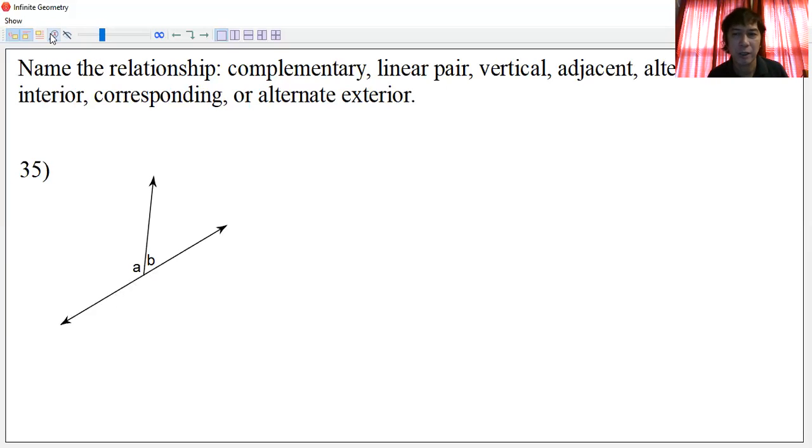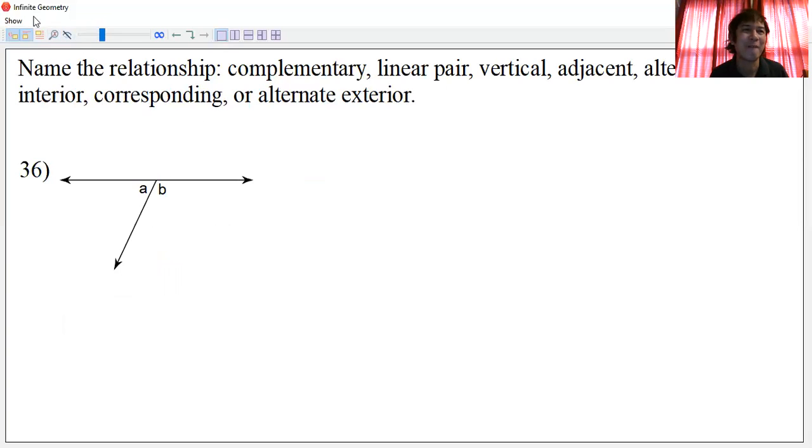It's a special adjacent angle pair, and you call this linear pair. And the last number is another linear pair. That's it. I think there's no more 37.